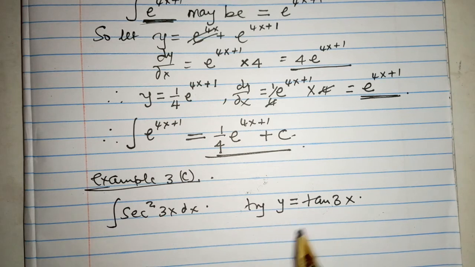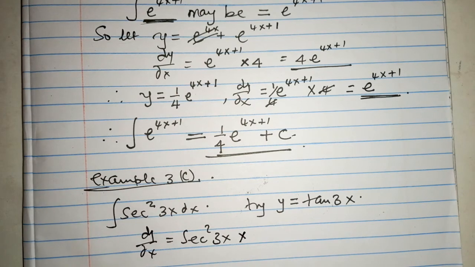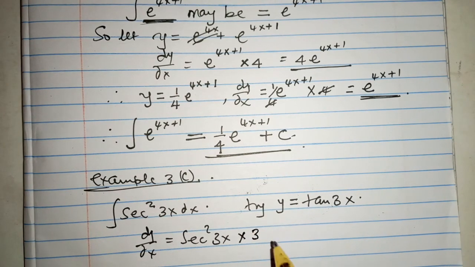When y is equal to the tangent of 3x, dy/dx is going to be sec squared 3x times 3. Why? Because of the chain rule.